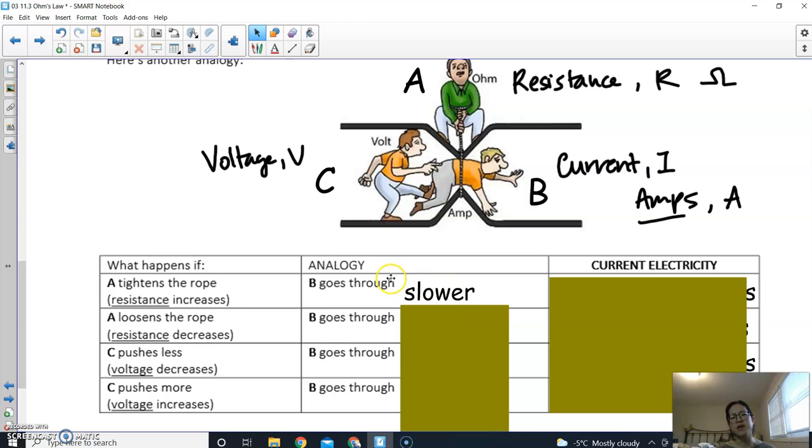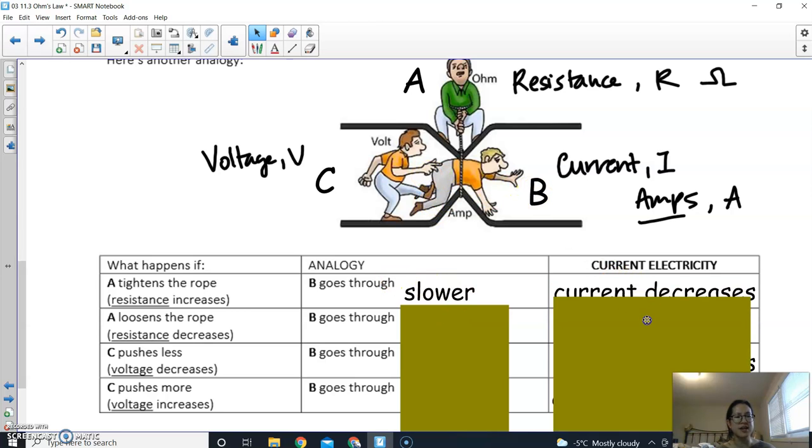If this is going through slower, what happens to current electricity? Then current decreases. We're using this analogy to understand, but we are also preparing ourselves for questions on a test or a quiz that test our understanding of how something such as resistance increasing will affect the current in a circuit.